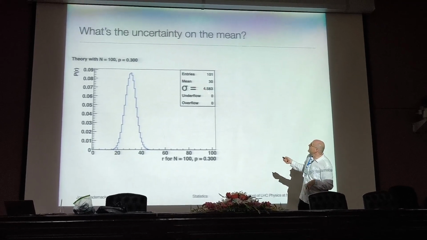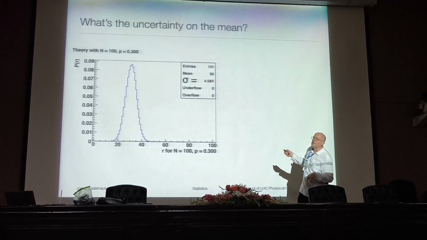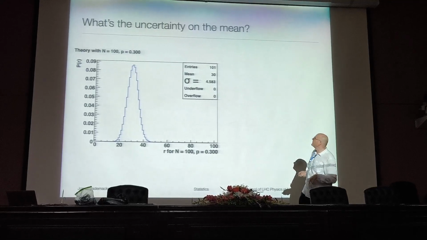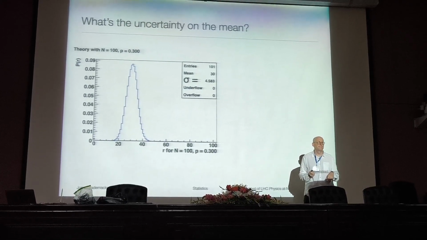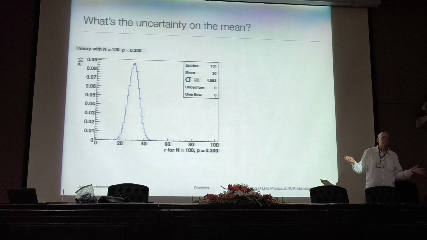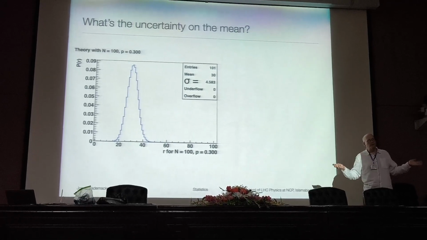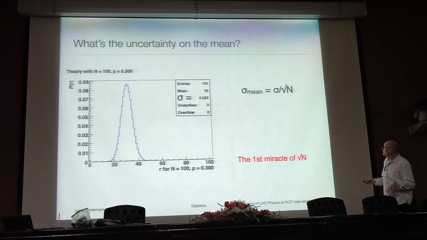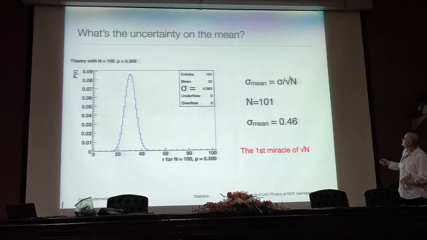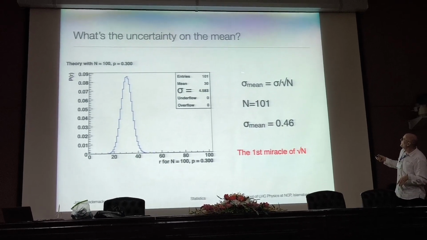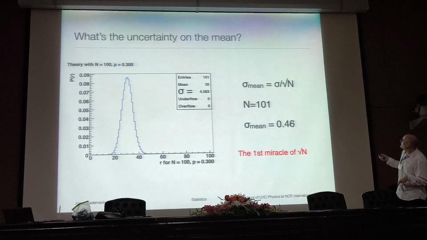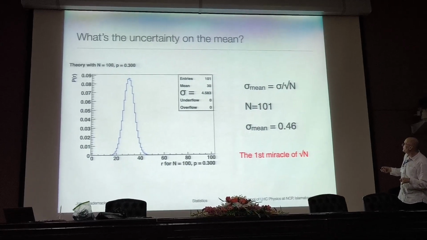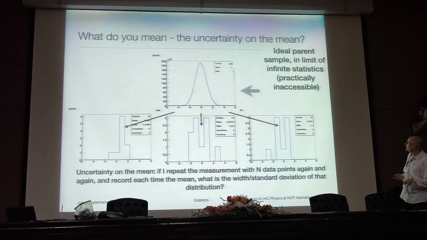That is because the uncertainty on the average is 4.6 divided by square root 101, so it's approximately 0.46. Okay? So now we have everything. We know the Gaussian that describes my uncertainties. I use the uncertainty on the mean as the uncertainty divided by square root n. N is 101, so the uncertainty on my mean is 0.46.